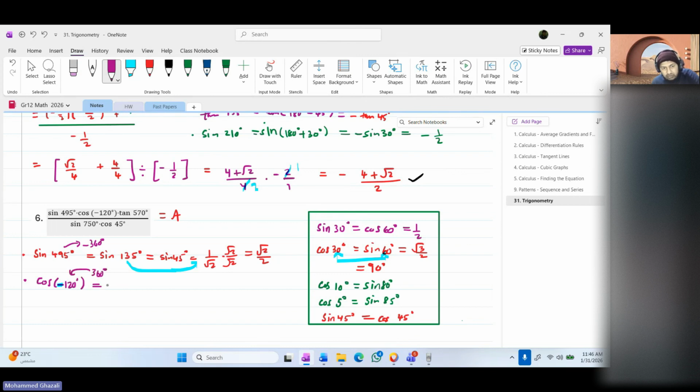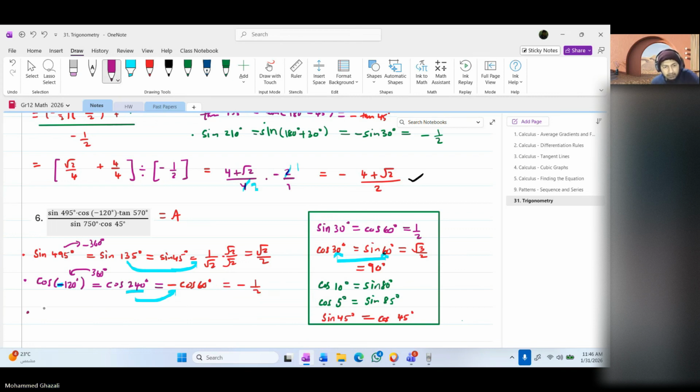So that becomes cos 240, because 360 minus 120 is 240 degrees. 240 degrees is in the third quadrant. So that's negative cos 60. I hope you understood where the negative came from, because 60 degrees is the reference angle, right? It was 180 plus 60. And cos of 60 is half.